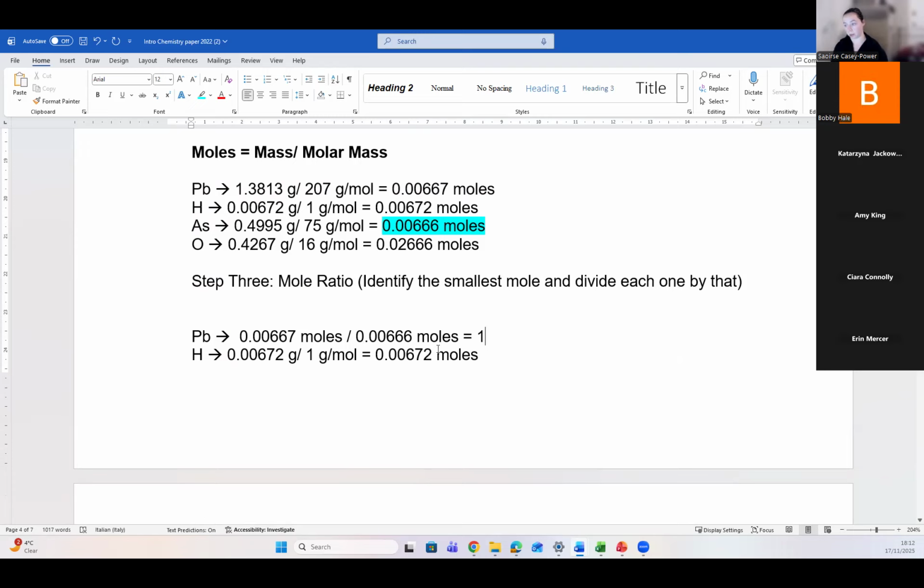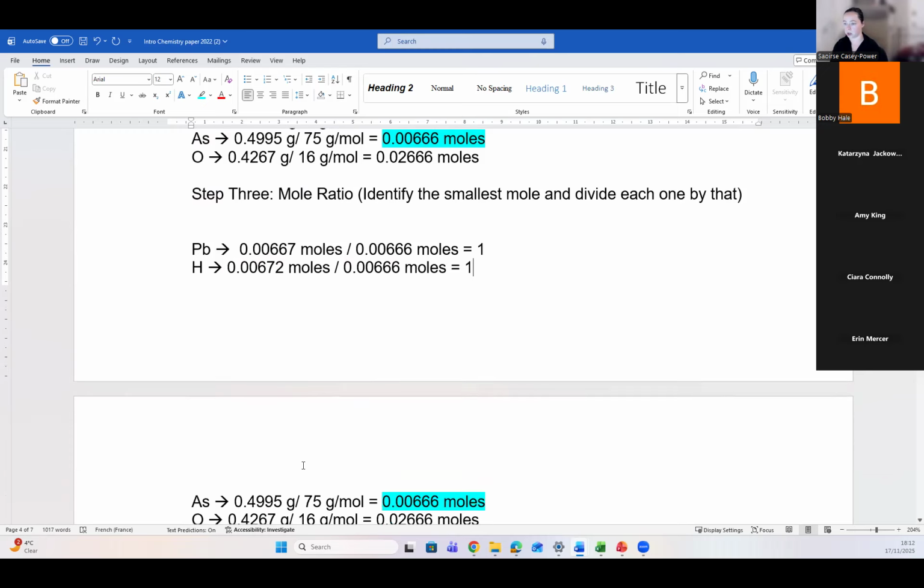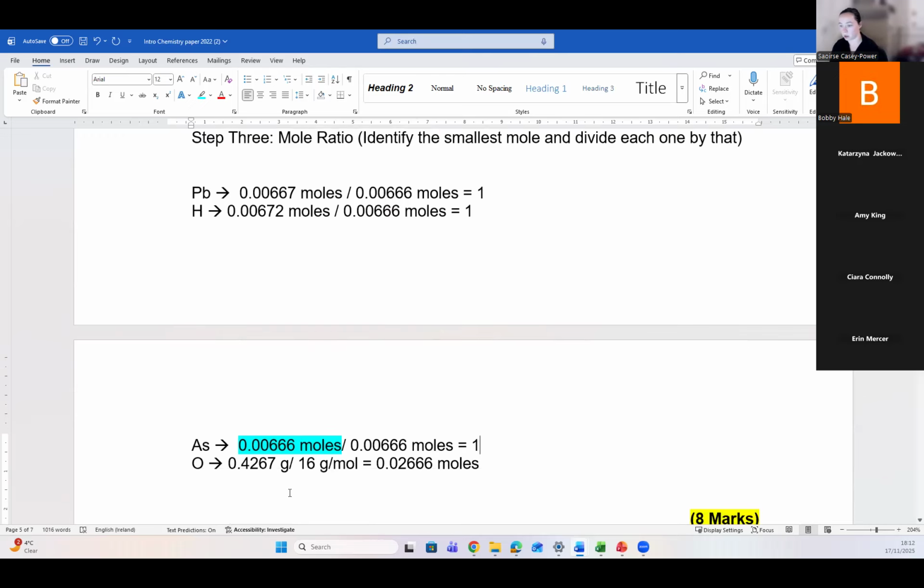For our hydrogen, it's the same: 0.00672 moles divided by 0.00666 moles gives 1. Our arsenic is just itself divided by itself, so that will definitely give us 1.